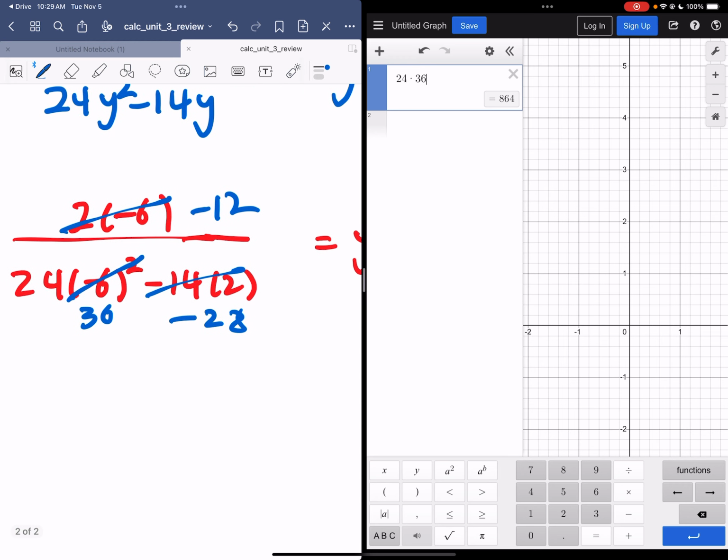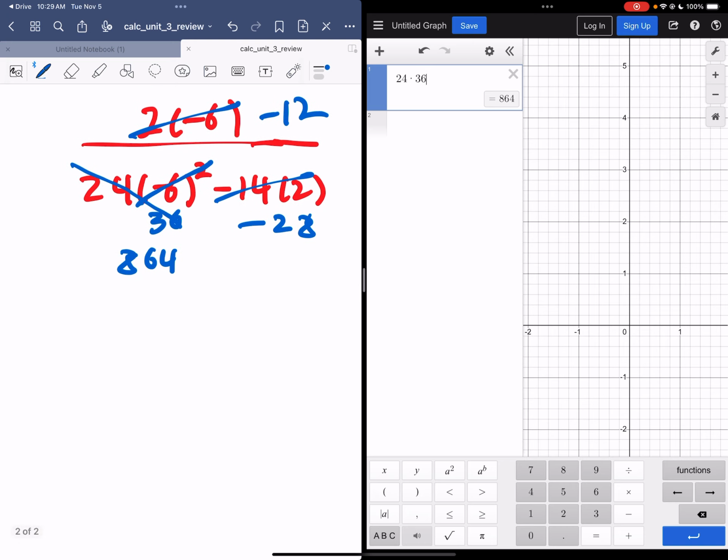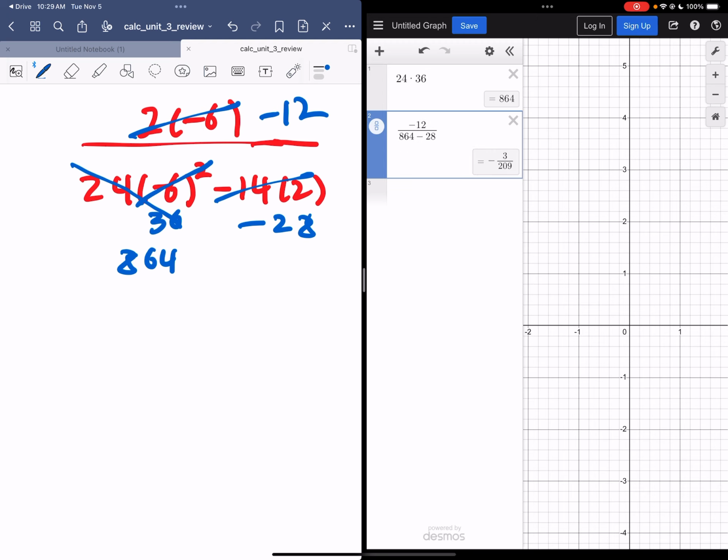And then, yeah, this whole thing is going to be 864. Yeah, I'll just use the calculator actually, because who wants to do all this? So if I do it, I'm going to get -3 over 209 as a, what's it called?